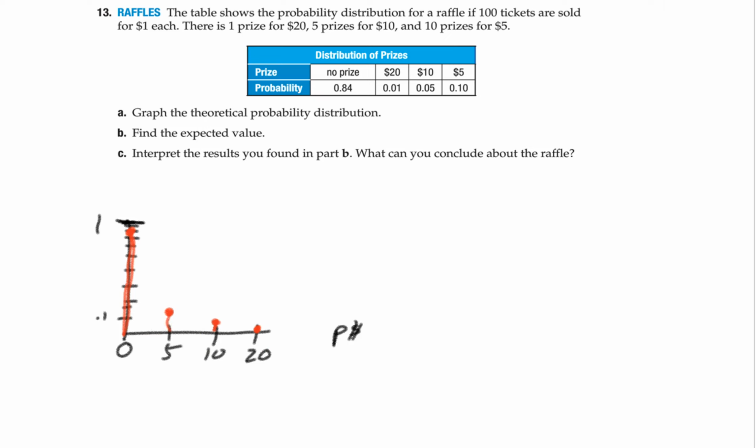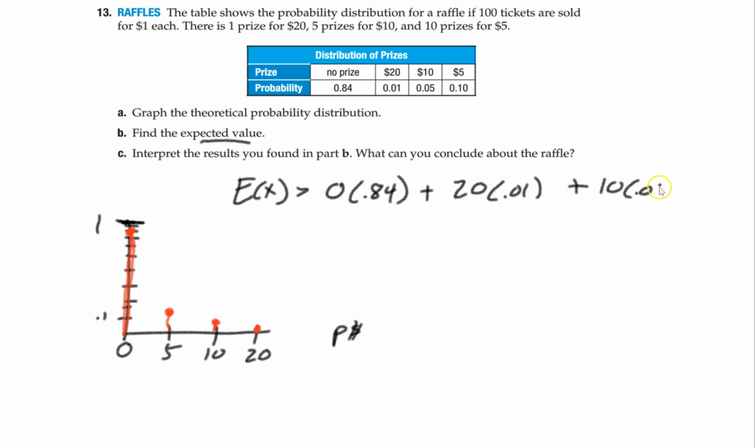So the next question is find the expected value. Okay, so for the expected value, we're just going to multiply our prize money by the probability. So 0 gets 0.84, $20 gets 0.01, $10 gets 0.05, and $5 gets 0.10. Add this all up.